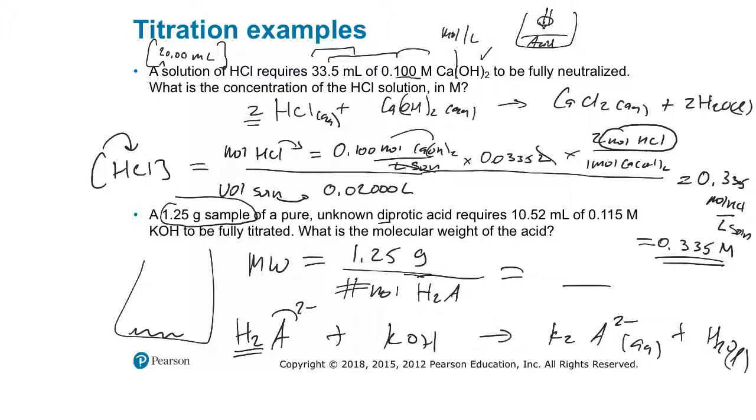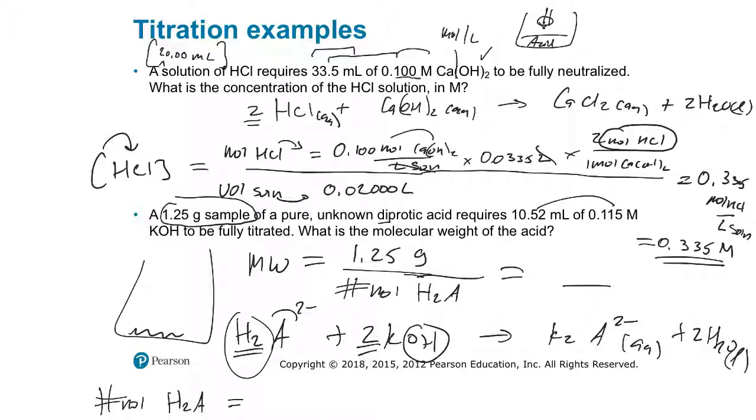So I take the H2A, I'm going to need to add 2 KOHs so I can form 2 waters and then a K2A. So the whole idea here is diprotic acid is going to take 2 KOHs to balance this reaction out. Now what I want to try to do is solve for the number of moles of that acid in that sample by taking the quantity of the known amount of KOH that had to be added to it.